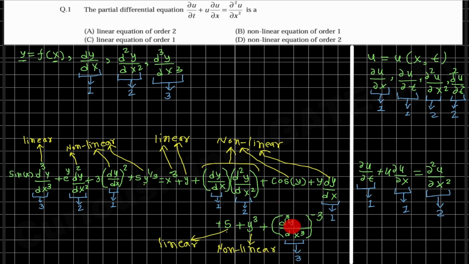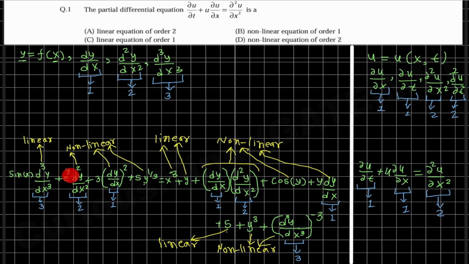So we come to the last term, and here is a third derivative of y with respect to x, which is not in an independent form, rather it is in a functional form. Why? Because it has a power of -3. So this term is making this whole exact differential equation a non-linear differential equation.